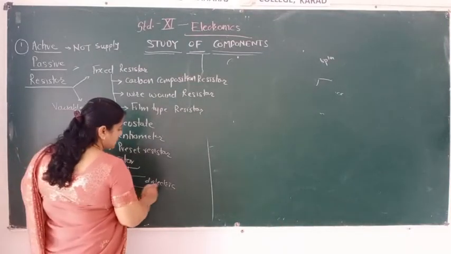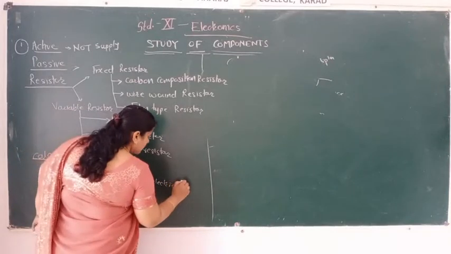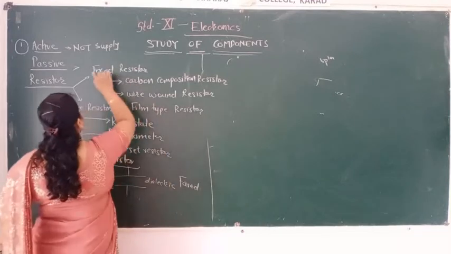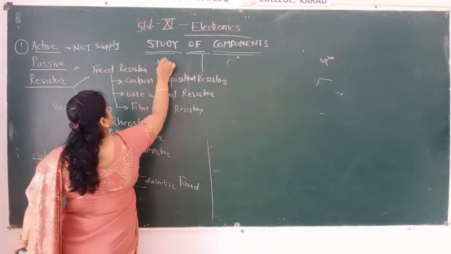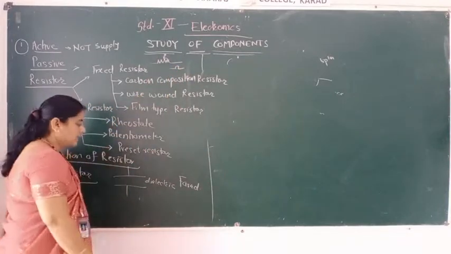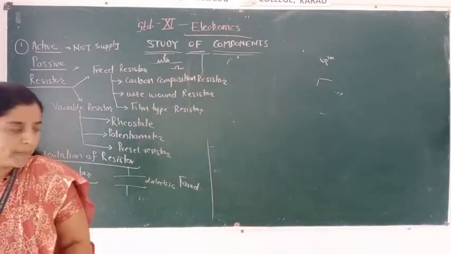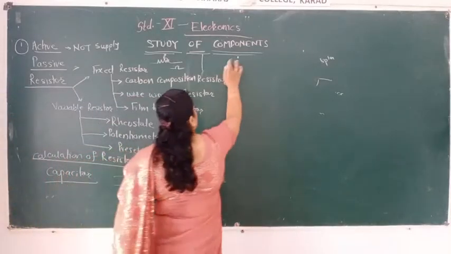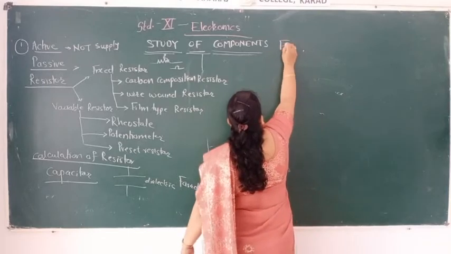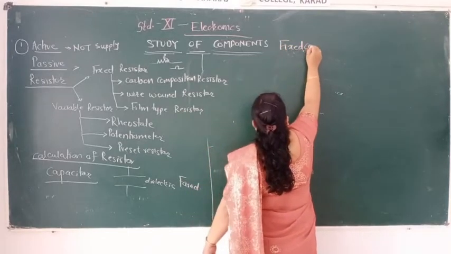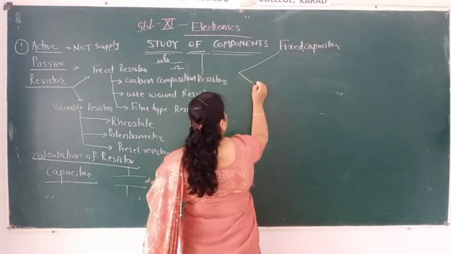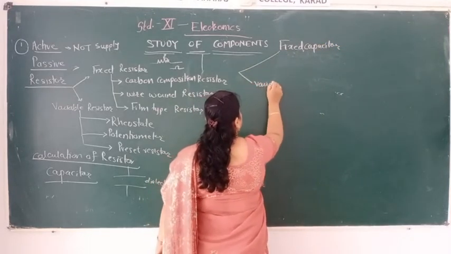The symbol of the capacitor is like this, and the unit of capacitor is Farad. The unit of resistor is Ohm, and its symbol is like this. Then capacitors have two types: fixed capacitor and variable capacitor.